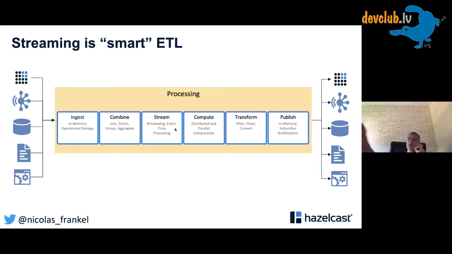You can combine it, you can enrich it with the full properties of the object that this ID references. So you read from somewhere else and you enrich your event data. And then, as I mentioned, you stream it, and you distribute it all over your nodes, because remember that we want to have everything distributed because we want to scale horizontally. And afterwards you write where you want to write.